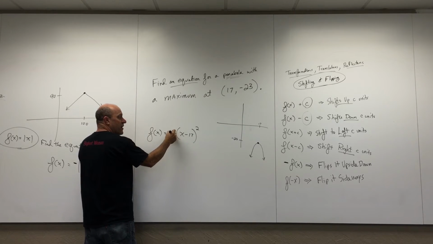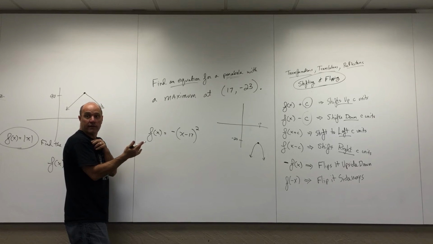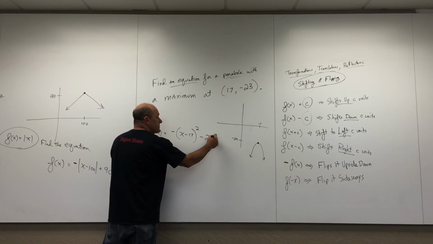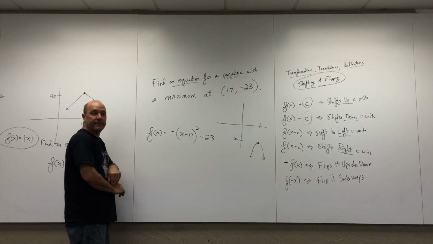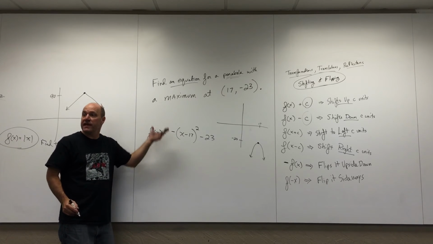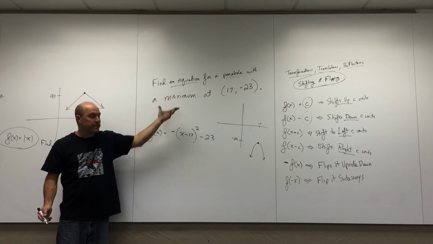Put a negative out front because it's upside down? Yeah, you're right. And what else? Minus 23. Put a minus 23 because he's been shifted down 23. Yeah, good. You found the equation of the thing I was asking for. That's awesome.